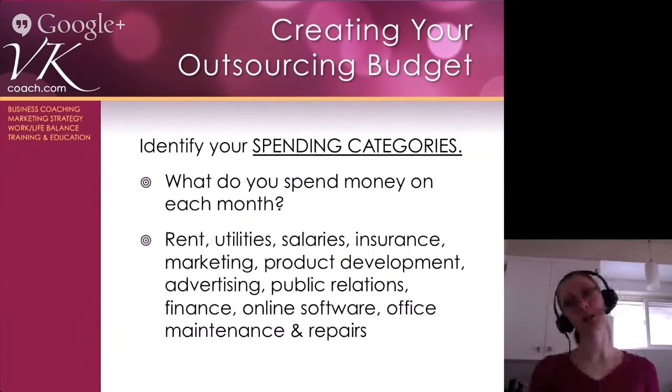So also identify your spending categories. What else do you spend money on each month? Go through your bookkeeping, if you're keeping things in Quicken or QuickBooks or just in your bank account.